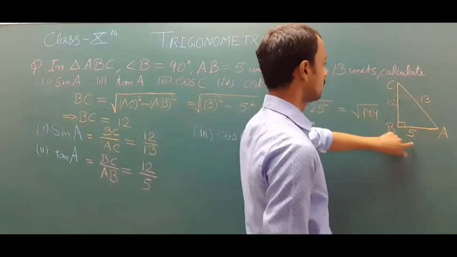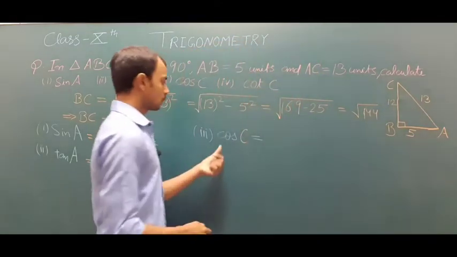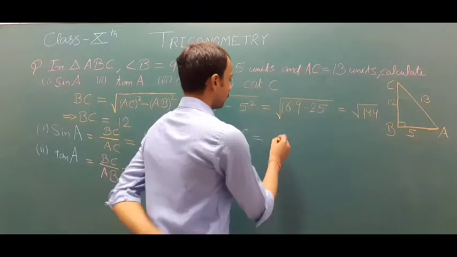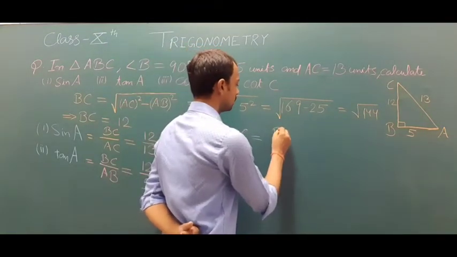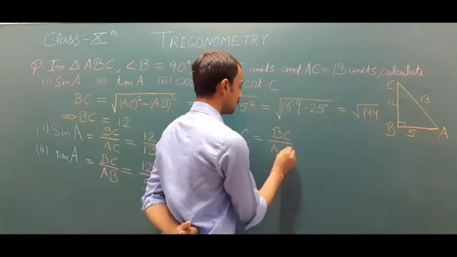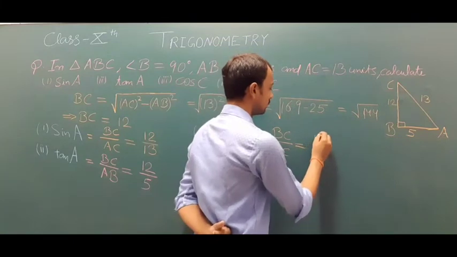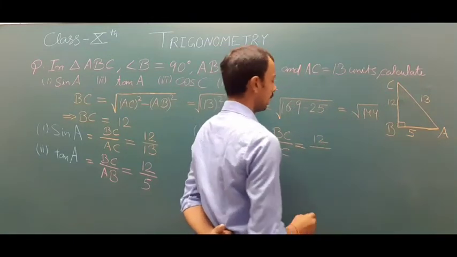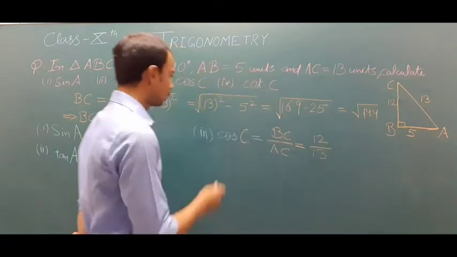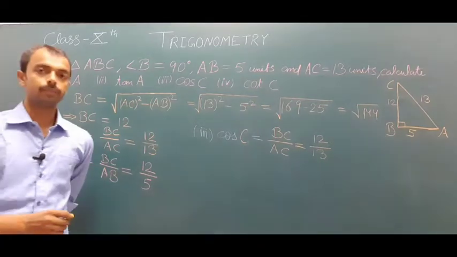For C, opposite side is AB and adjacent side is BC. So what is the formula of cos C? Formula will be adjacent means BC upon hypotenuse, that is AC. So it will be, value of BC is 12, okay, and the value of AC is 13. So cos C is 12 upon 13.